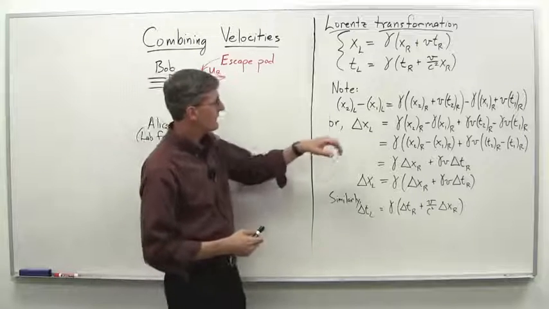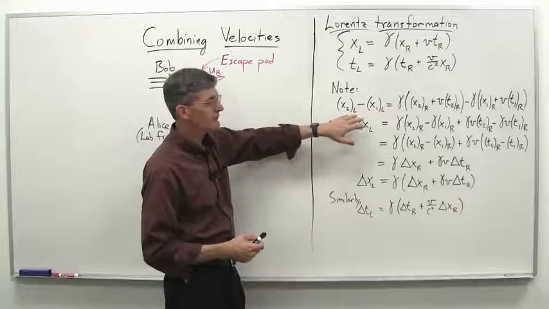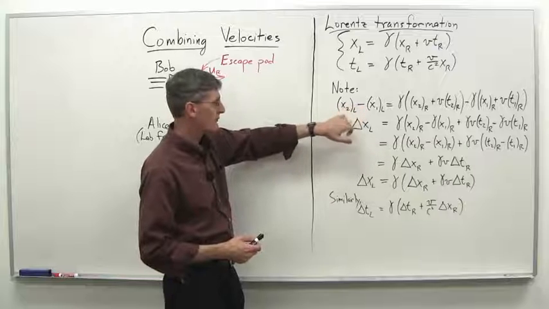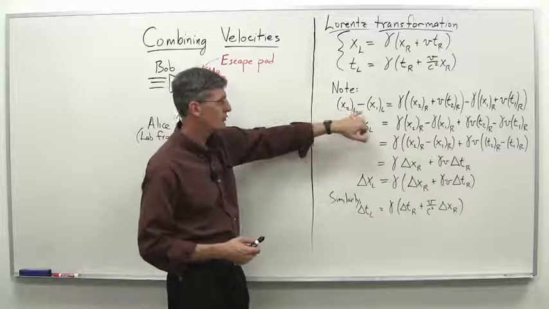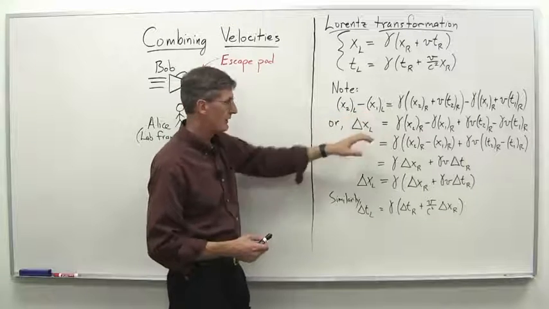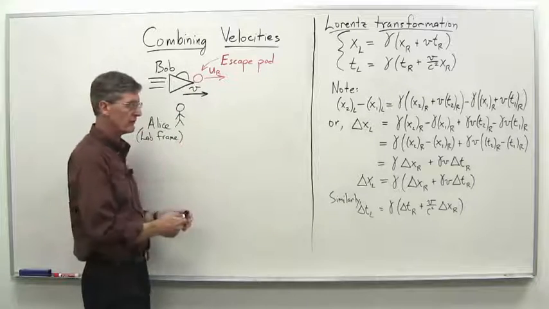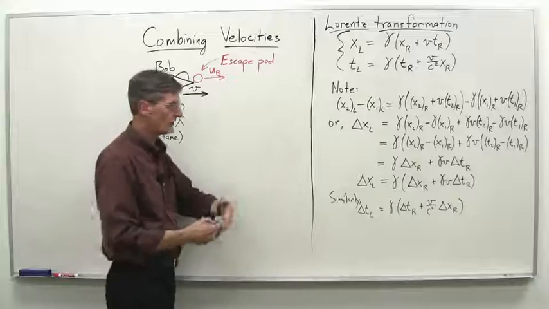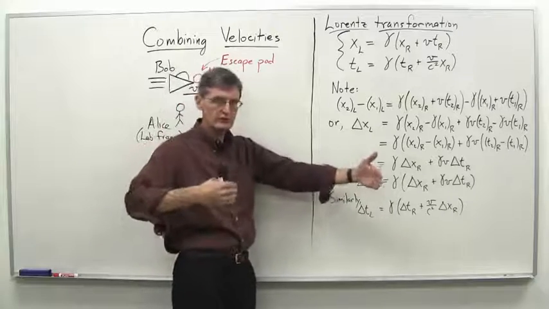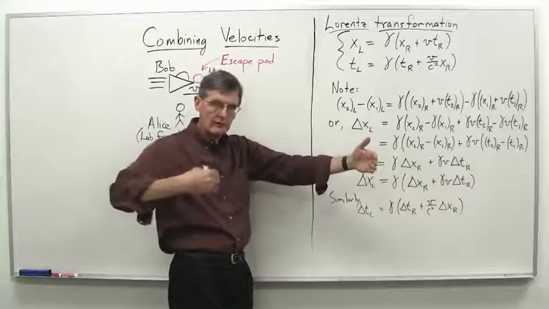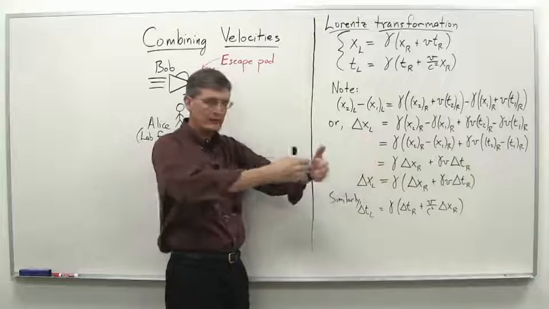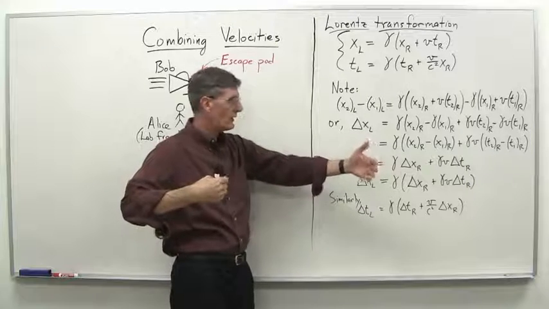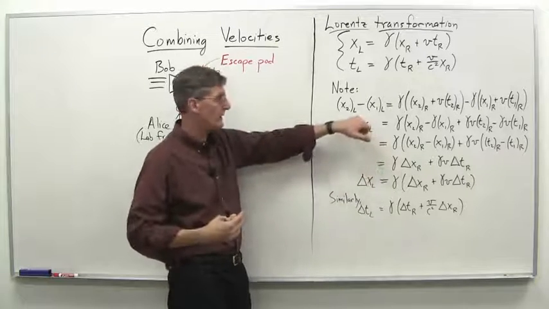Note that if we have two events in the lab frame at positions x2 and x1, within Alice's frame, she just says this happens at position x2, and then something else happens at x1. The difference between the two positions is x2 minus x1, and that gives you the distance between x2 and x1 in the lab frame.